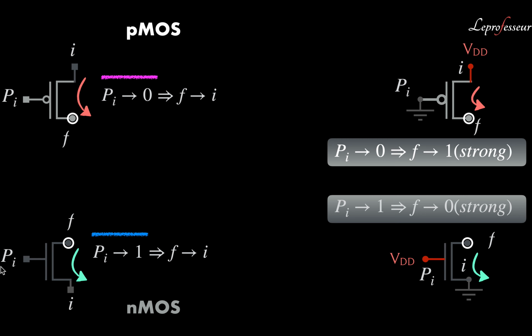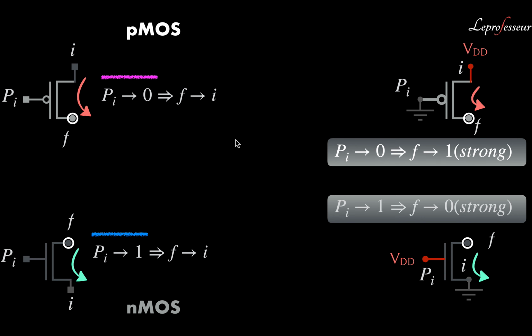In other words, the water valve is on when PI is 1, logic high, for the NMOS, and for PMOS it's the other way. So these transistors are passing the value from one terminal to another depending upon the control applied at the gate.